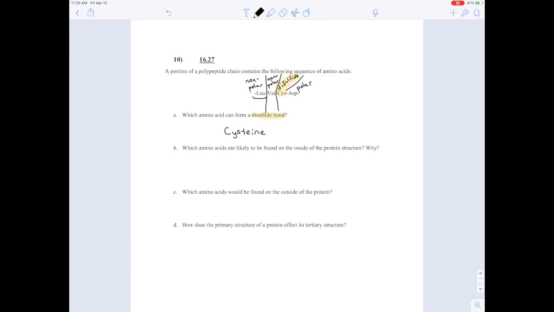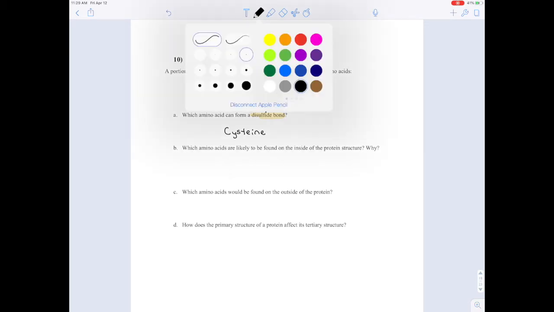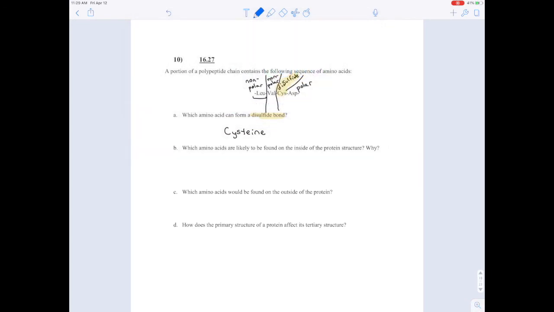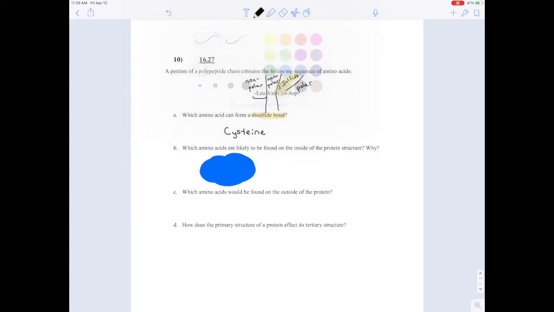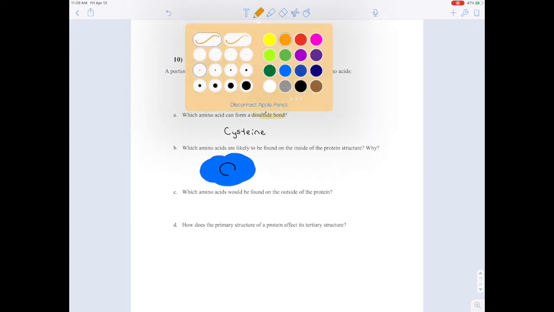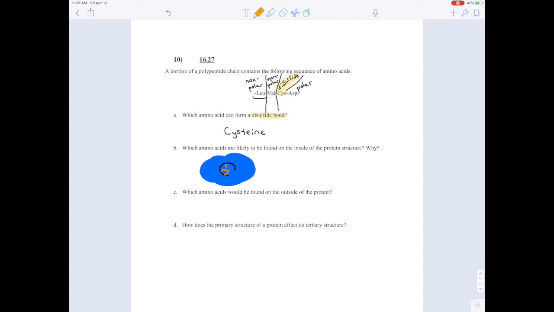Next, which amino acids are likely to be found on the inside of the protein structure and why? Remember that these proteins are going to be in your body fluid, it means they're going to be surrounded by water. And so what they'll do is they will take the backbone and fold so that all of the non-polar amino acids sort of face the center so that they're with each other, and the polar amino acids face the outside.